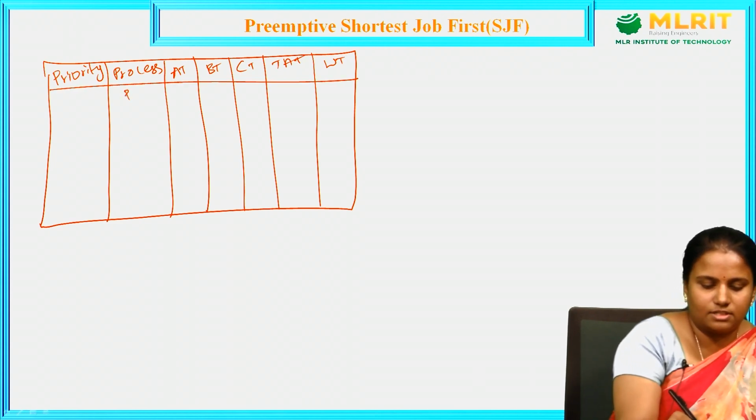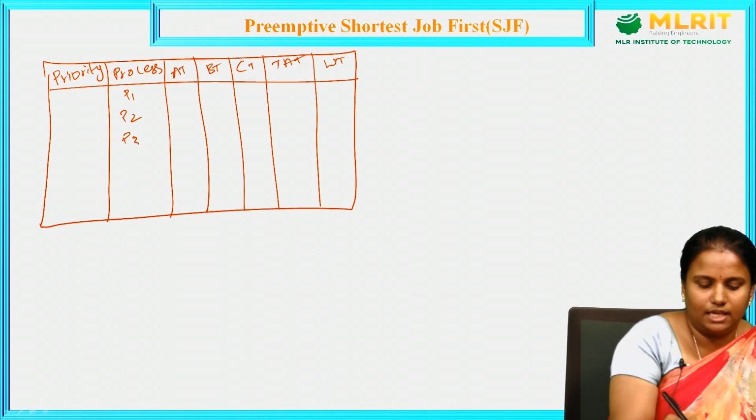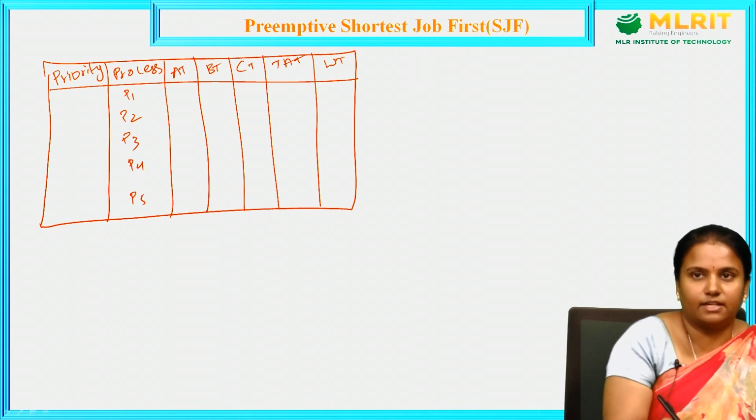The processes are P1, P2, P3, P4 and P5.